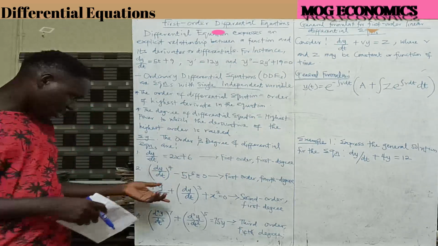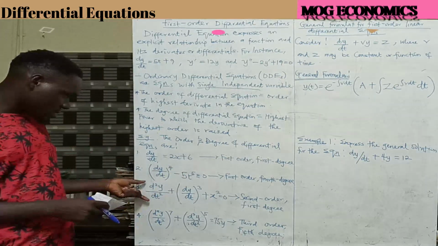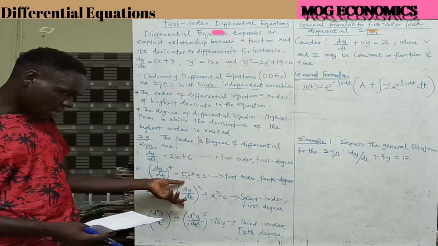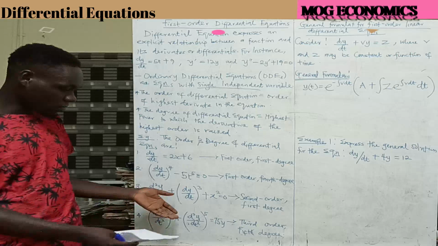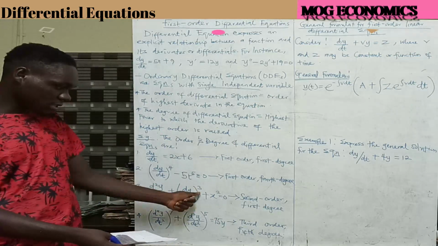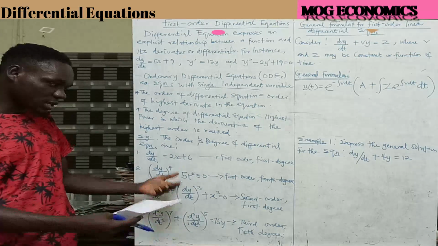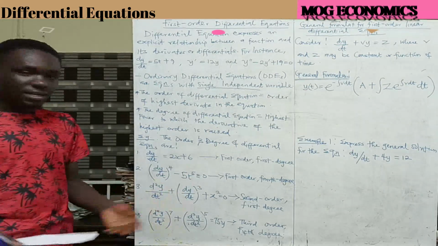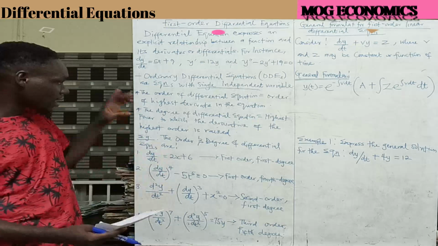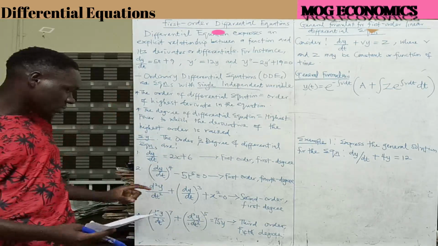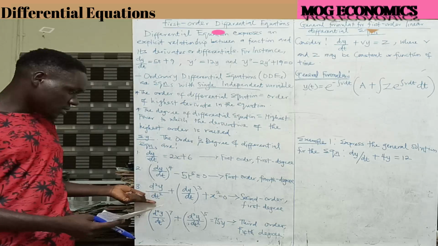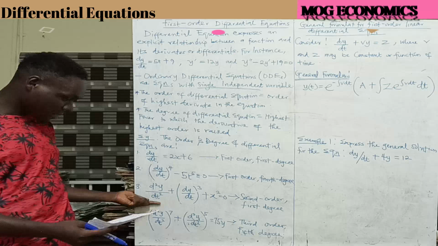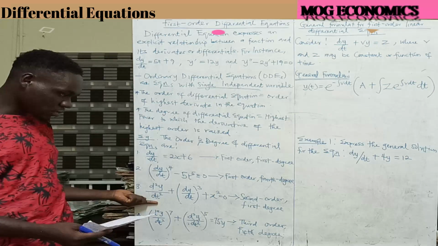Very quickly, I think I have to clarify something at this point. Here, some might be wondering why we do not say, okay, this particular differential equation is of, say, order one, and because here it is raised to the power of 3, then we should say it is first order and then third degree or something like that. But in this case, going back to our definition of order and degree, we need to understand that the degree is determined by the highest order differential in the equation.